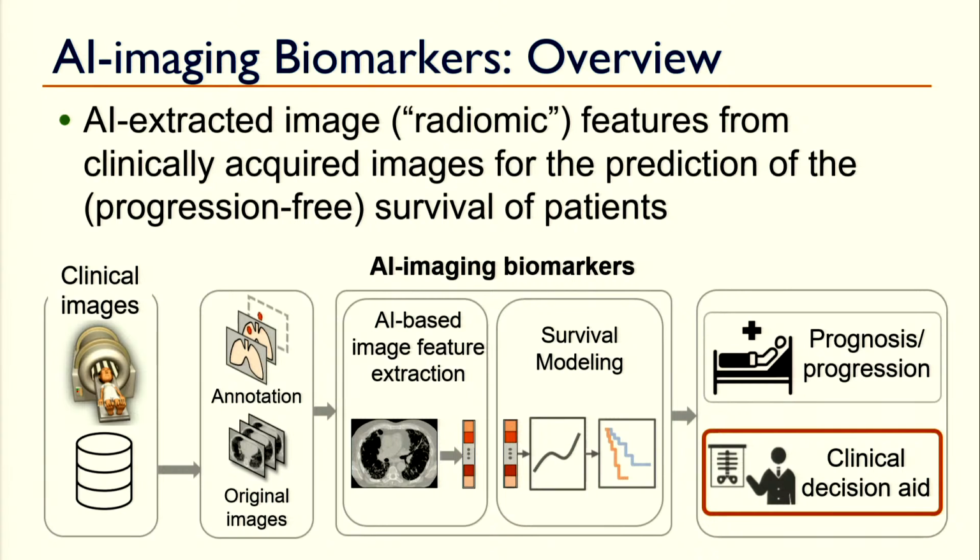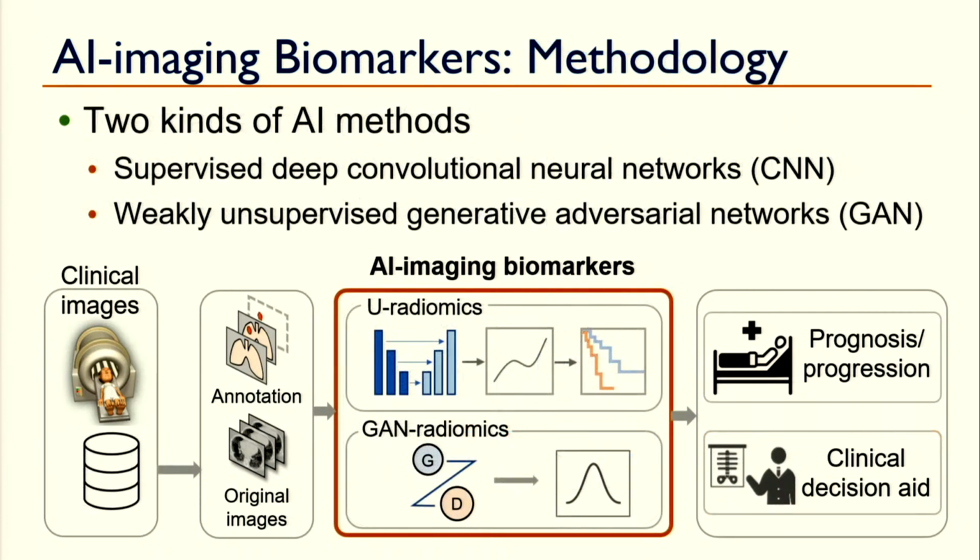Such an AI imaging biomarker can be very useful as a clinical decision aid for making informed decisions about the treatment options and therapeutic management of the patient. We have recently developed two kinds of AI imaging biomarkers based on deep learning.